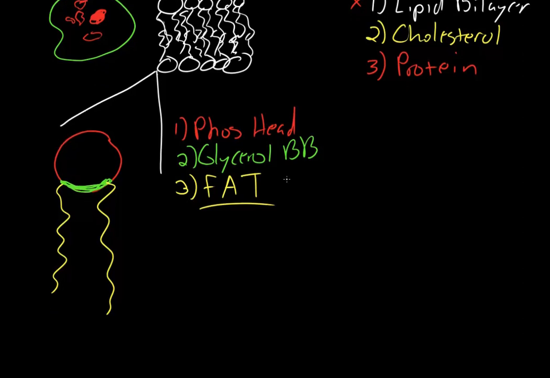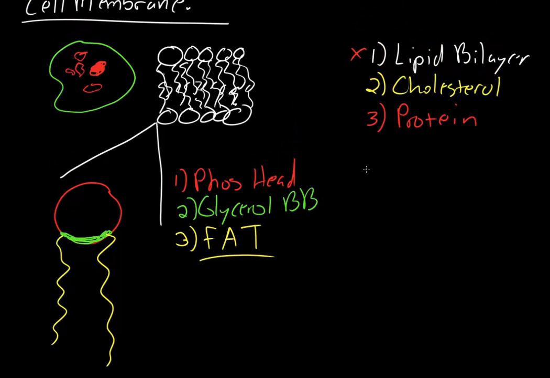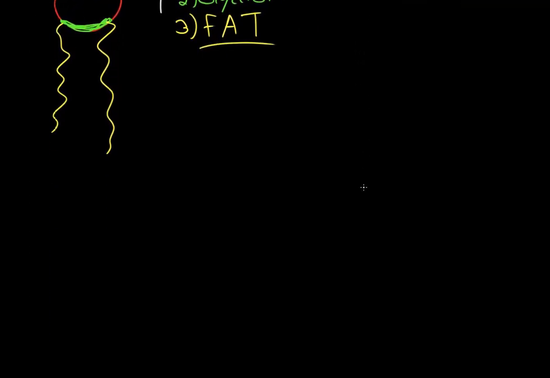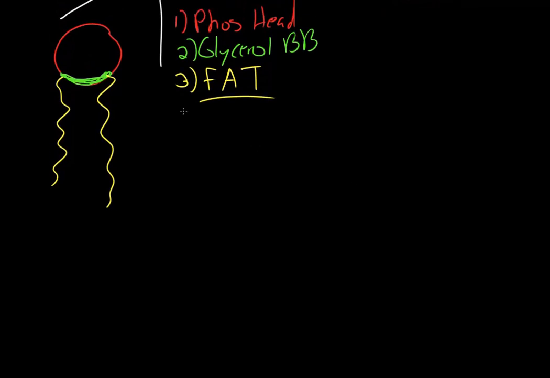All right, so let's go into these other two, cholesterols and proteins, and what they're doing in that cell membrane. So let's scroll down a little bit here. I'll leave this right up here if you want to look at it. Might get in the way, though. All right, let me draw another membrane as quickly as I can. All right, so you see we're making this a little bit longer.